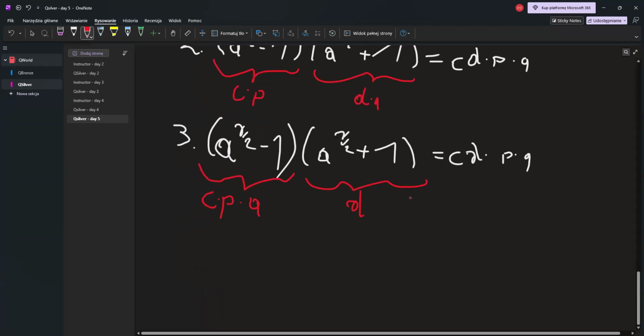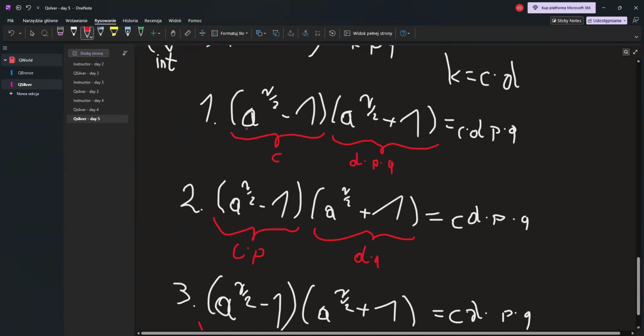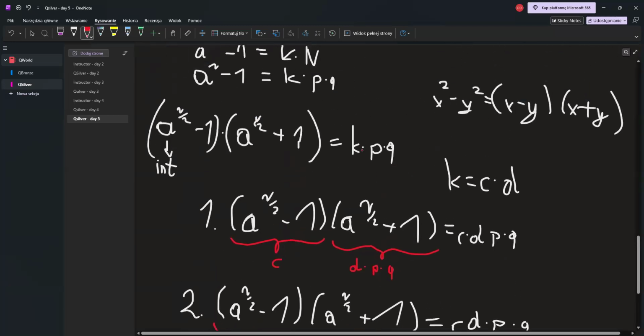Okay, so now let me show that the first and third cases are impossible. I will do this by showing that, for example in this case, those numbers are not multiples of n, since we have k times n, and we are looking for a multiple of n, because k times n is a multiple of n, because k is an integer.